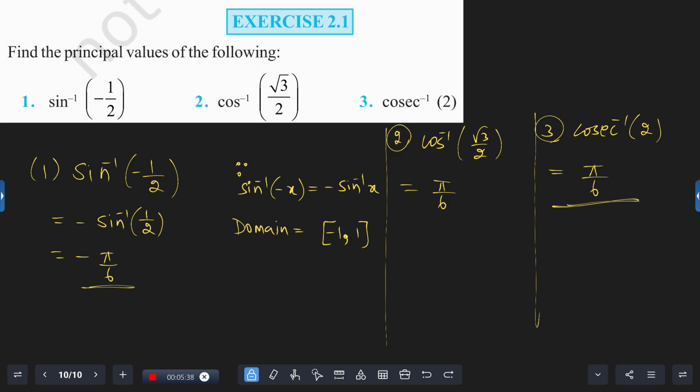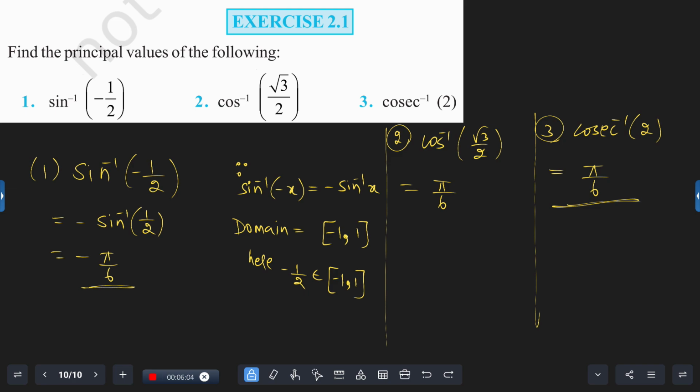Here minus 1 by 2 belongs to the respective domain. If it is there, directly you can write, or else you can simplify the question. And here also root 3 by 2, root 3 means 1.732, when you divide by 2 it will be 0 point something. So that also belongs to minus 1 comma plus 1.